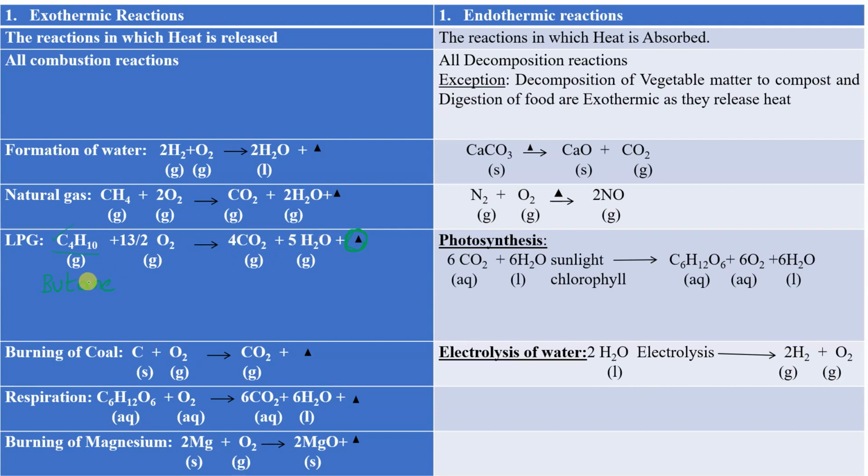Because butane is a chemical present inside that cylinder. When it burns with oxygen in air, it releases CO2 and heat. A new substance is formed. So it is a chemical reaction and releases a lot of heat. So it is called an exothermic thermochemical equation. Exothermic reactions are the reactions in which heat is released.